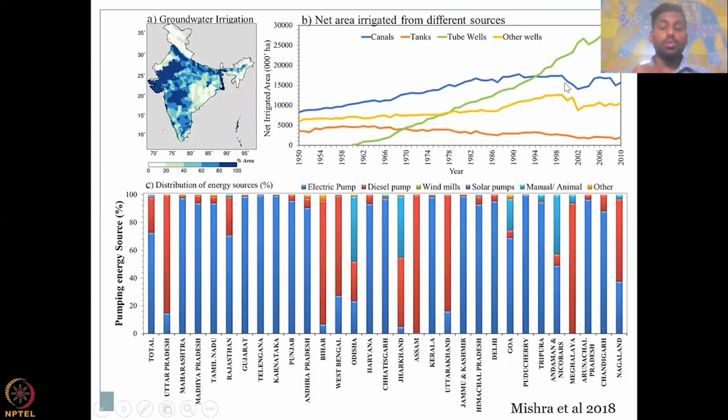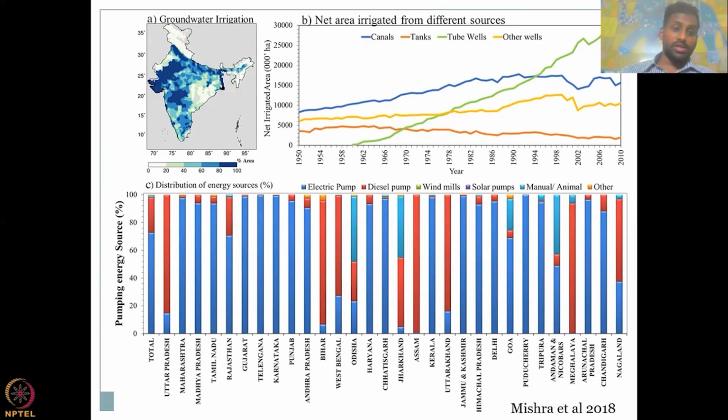Canals are given in the blue line. It's almost stabilized, which means it's not increasing. What is increasing is the green line, which is the tube wells or wells that take groundwater from the aquifers for irrigation. So those have increased, and the area under groundwater irrigation has dramatically increased.